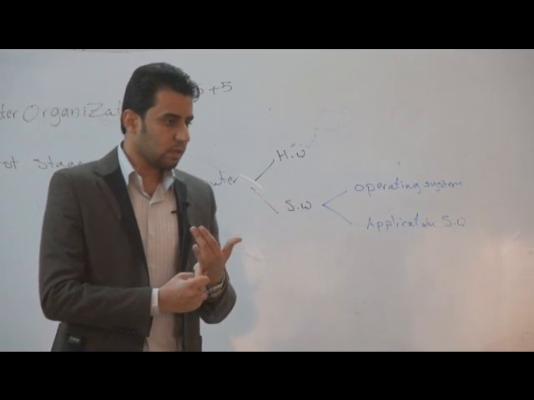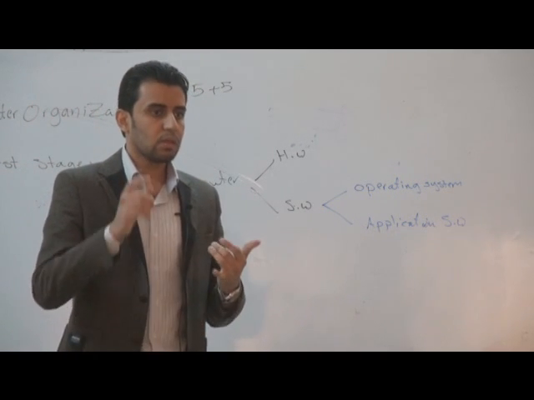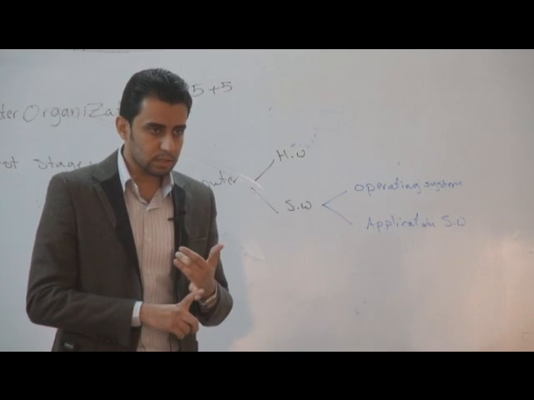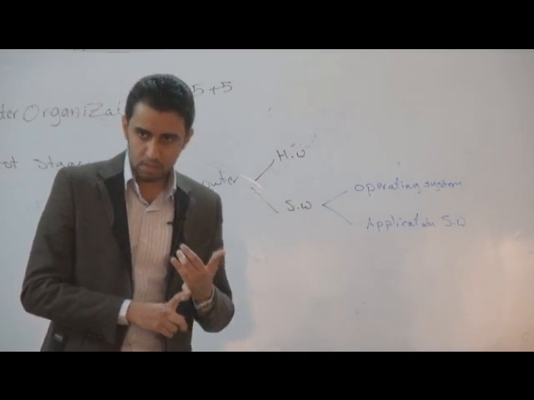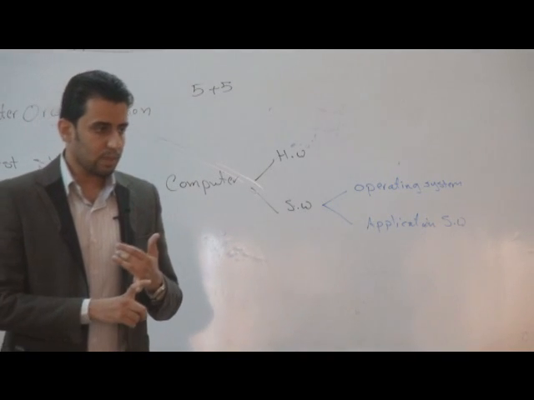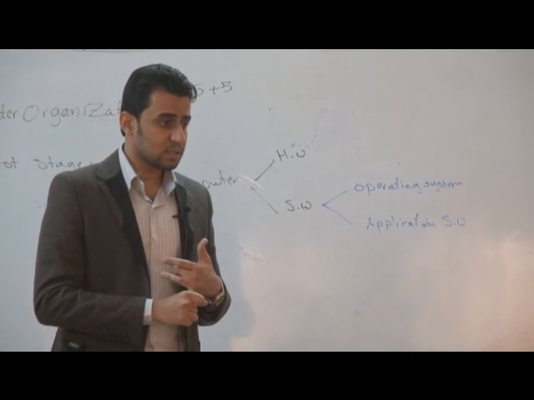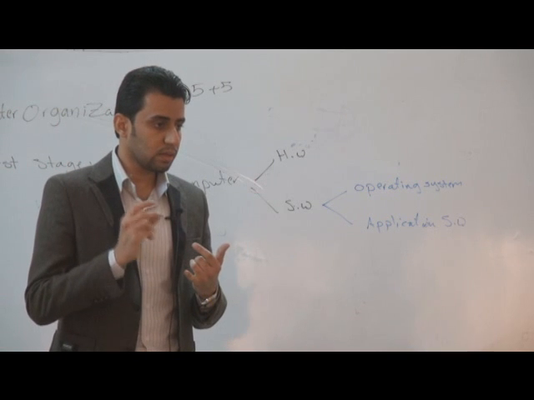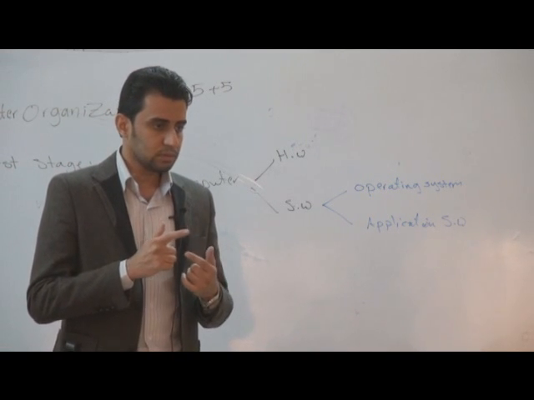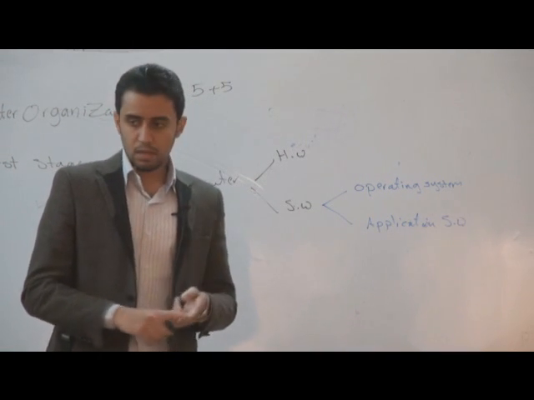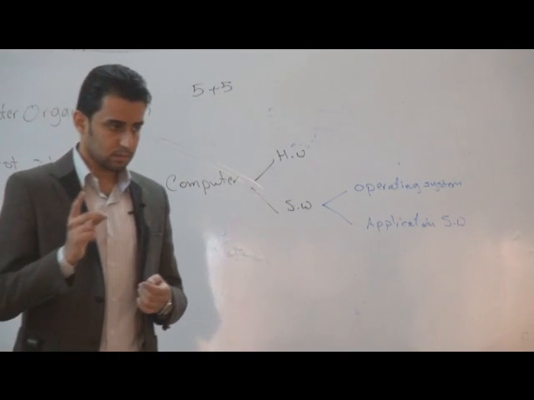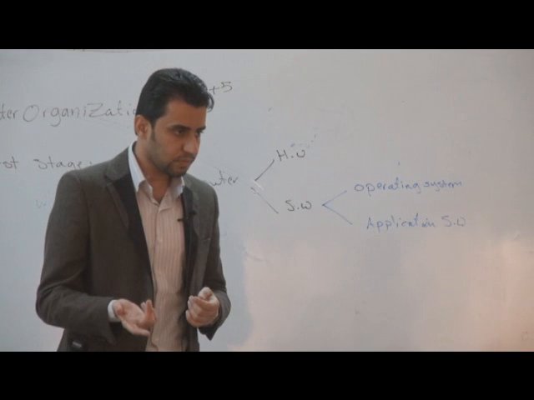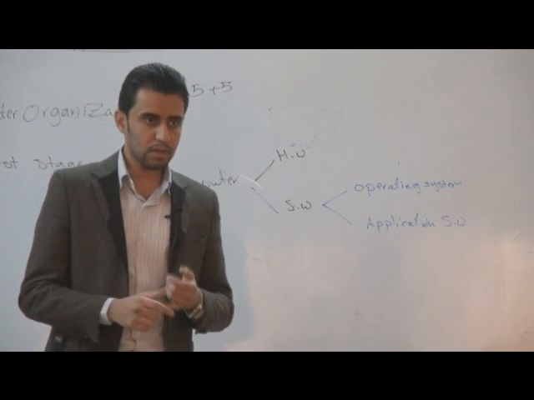One example of operating system software, the oldest one, is MS-DOS. And MS-DOS depends on the concept of the command line interface, CLI.